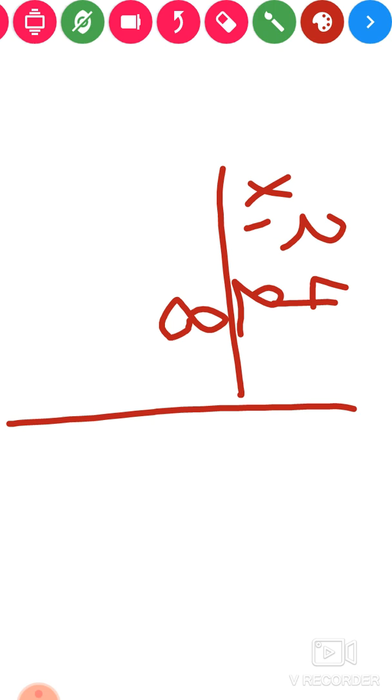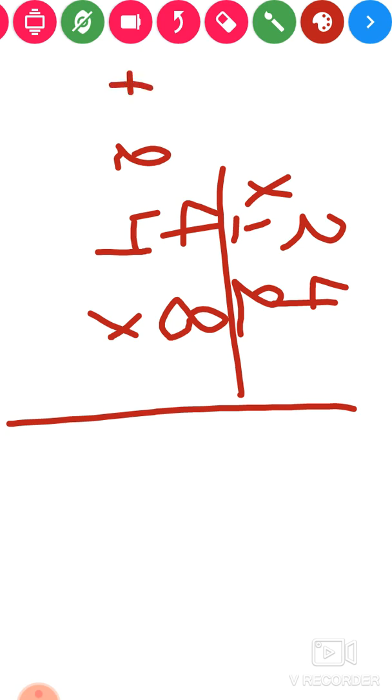Then we will move toward the tens place. 2 twos are, what will we get? We will get 4. Now below 8 we will put a cross sign. Now we will start with 1. 4 ones are 4. 2 ones are 2.